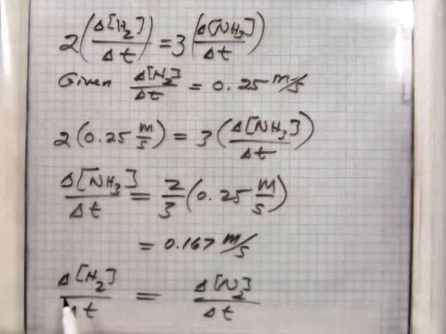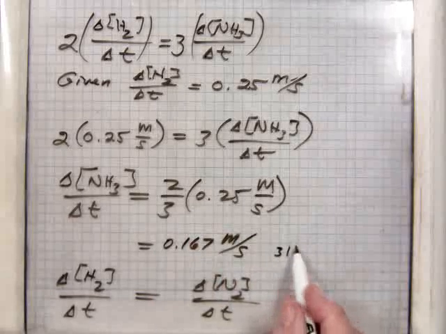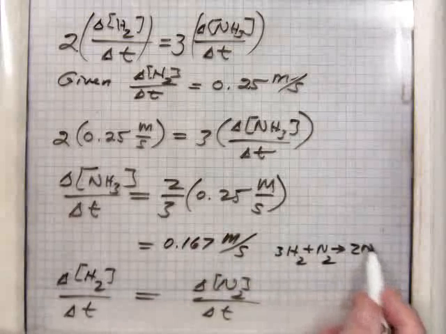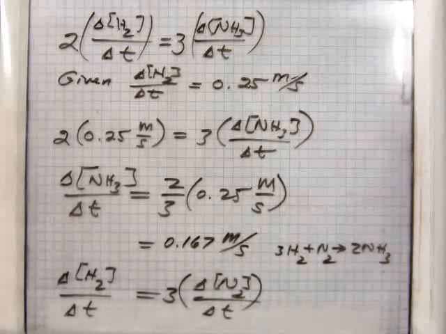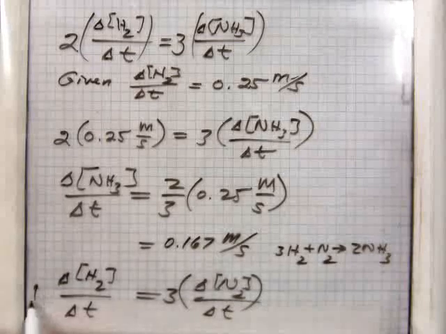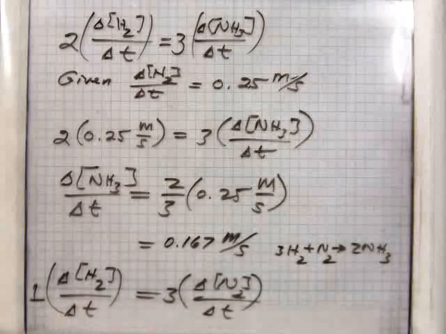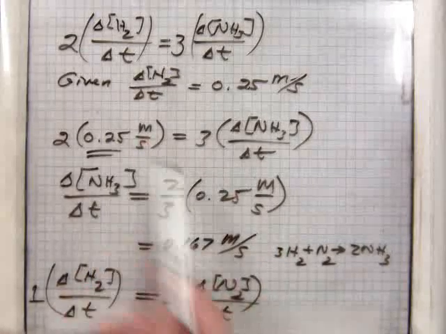Now, in the equation, hydrogen had a coefficient of 3. So we'd need to put that coefficient onto the nitrogen, and then the 1, which is the coefficient on nitrogen, over on the hydrogen. Okay? So use the same data for hydrogen.